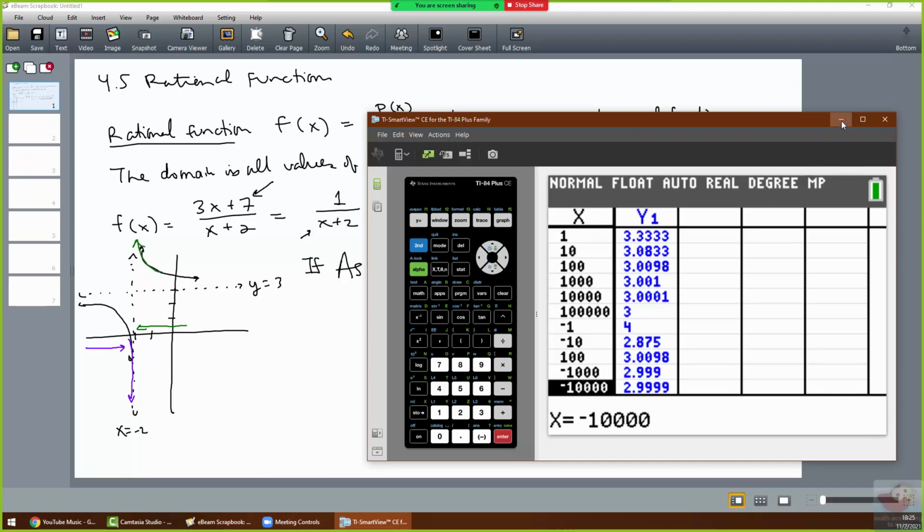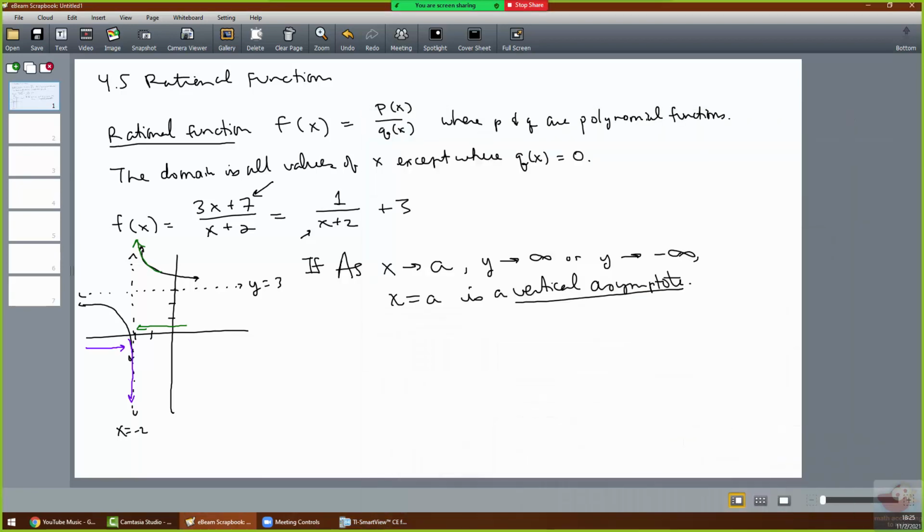So notice it's the flip. Here for the horizontal, as x gets really, really big, the y's get closer and closer to 3. As x gets really, really small, the y's get closer and closer to 3. That flip is that now y is approaching a number as x approaches infinity.